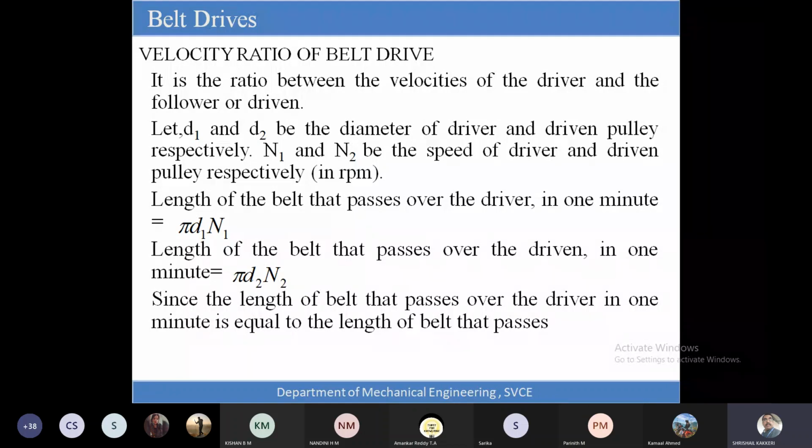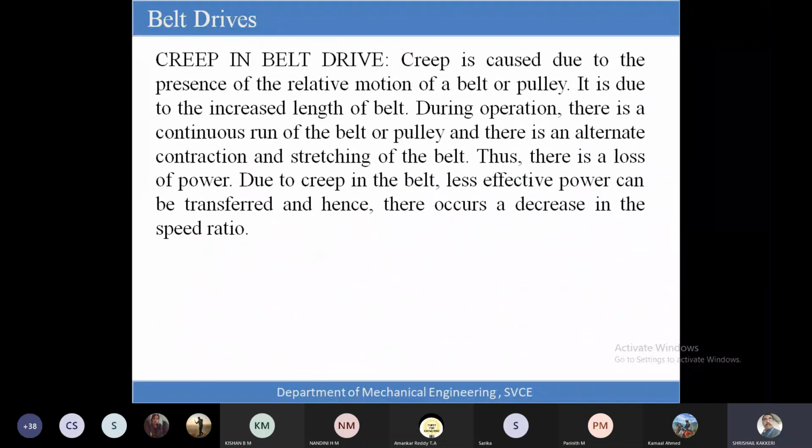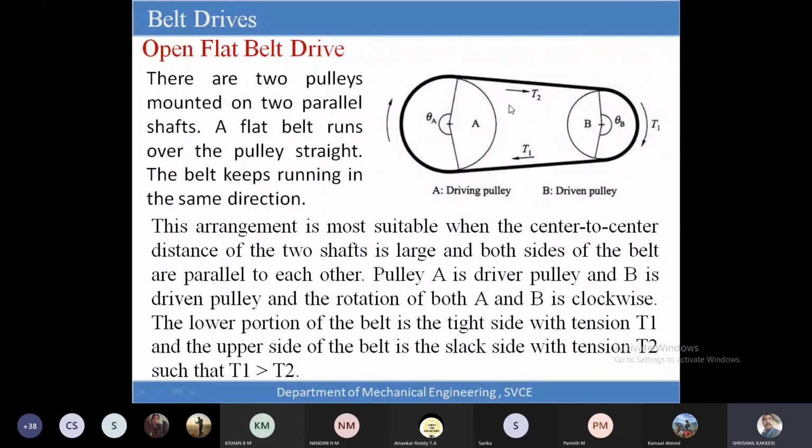Now let me take the consideration of the open belt drive or a cross belt drive. There is no problem. Only the direction will be changing. Let us say D1 is the diameter of the driver pulley and D2 is the diameter of the driven pulley. Let C be the center distance of this, and let N1 be the speed of the driver pulley and N2 be the speed of the driven pulley.